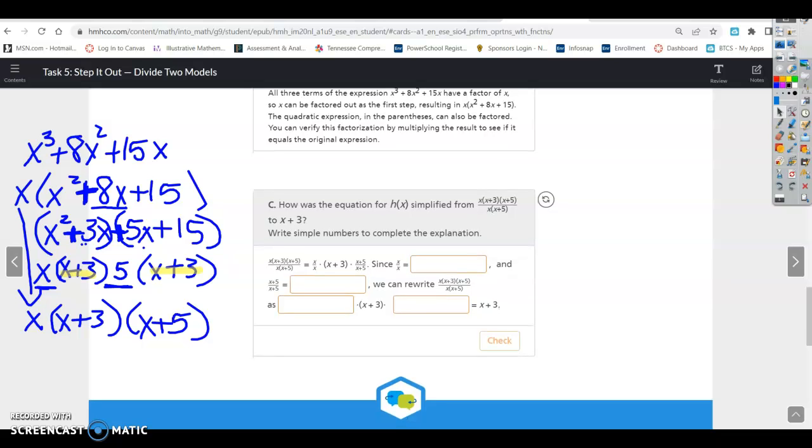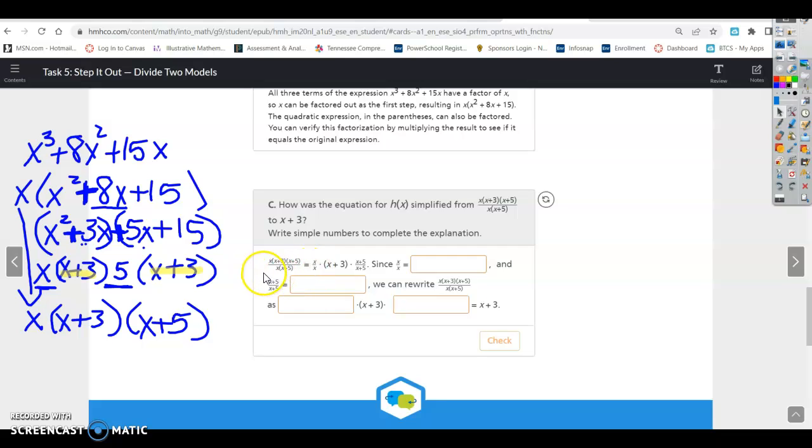How would the equation of h of x simplify from this to this? We looked at that above. The x's reduce and equal 1, the x plus 5's cancel and equal 1, and that leaves only x plus 3. It says write simple numbers to complete the explanation.